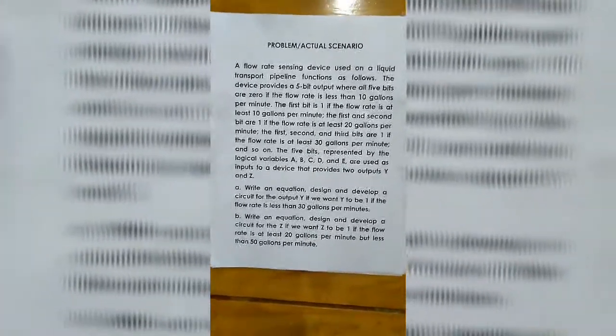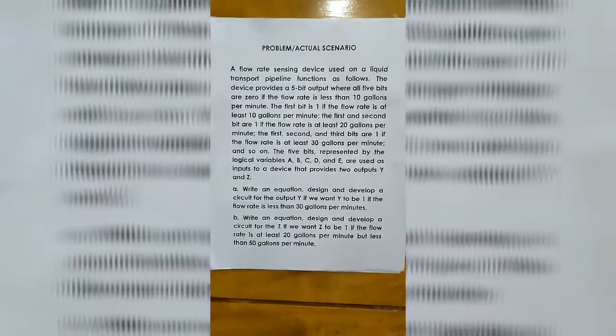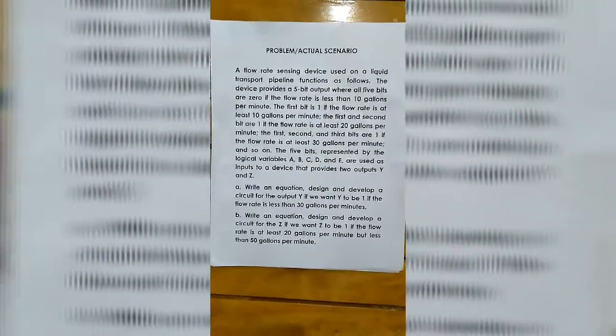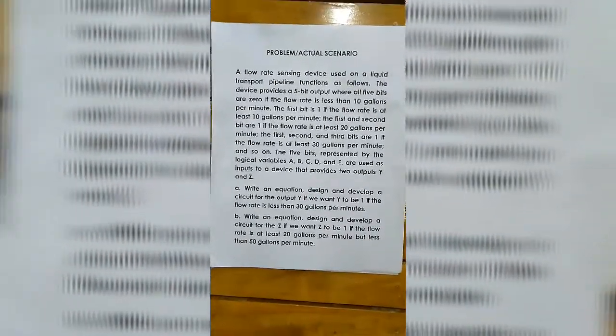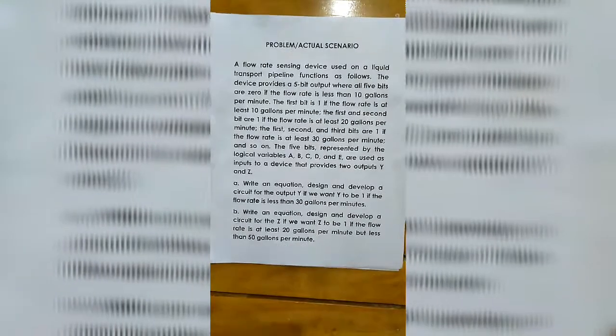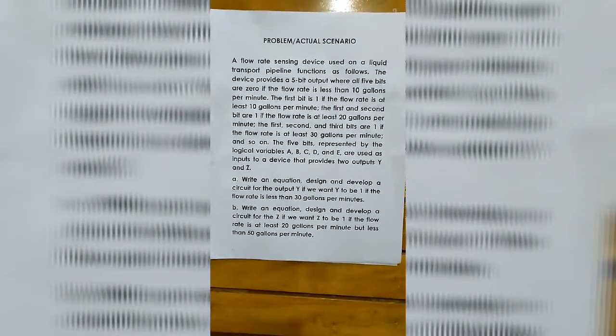So this is the problem that we need to find a solution for. The problem scenario is a flow rate sensing device used on a liquid transport pipeline that functions as follows. The device provides a 5-bit output where all 5 bits are 0 if the flow rate is less than 10 gallons per minute.